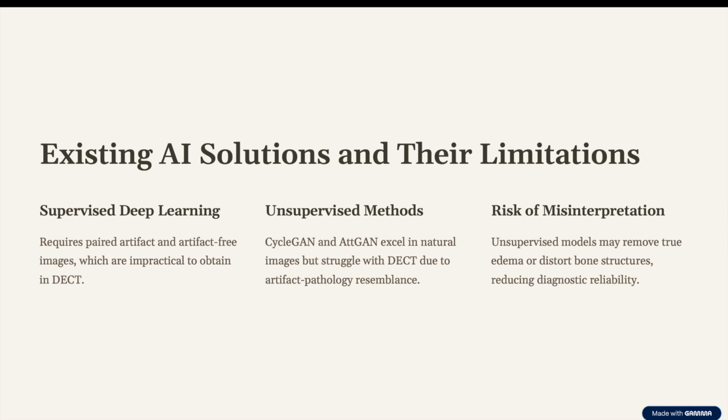CycleGAN and AdGAN excel in natural images but struggle with DECT due to artifact pathology resemblance. Thirdly, risk of misinterpretation. Unsupervised models may remove true edema or distort bone structures, thus reducing their diagnostic reliability. Now, we will move on to next.